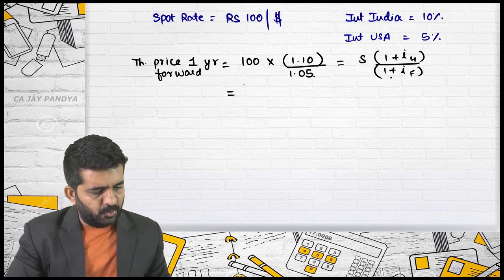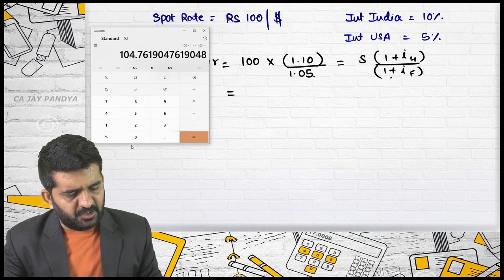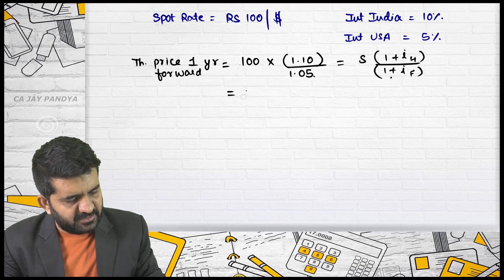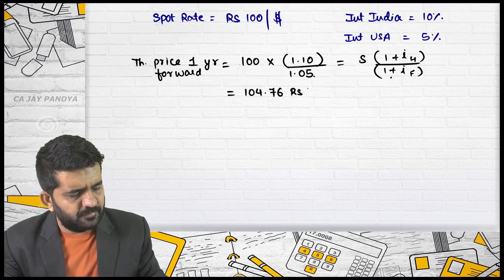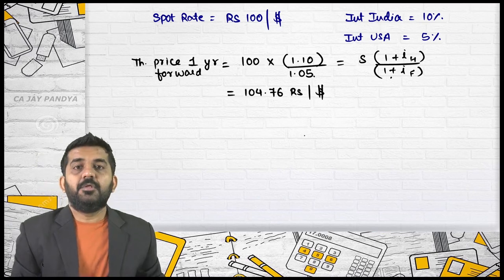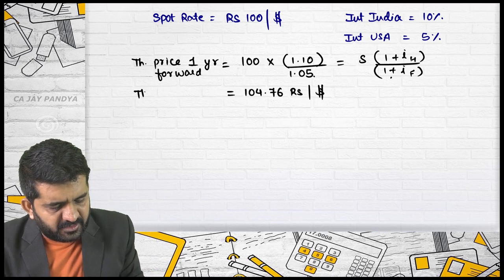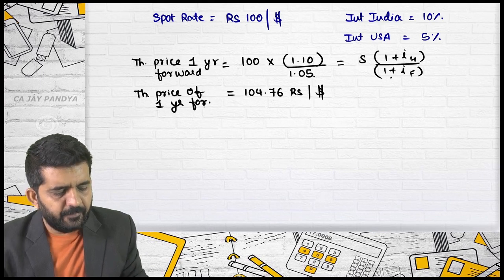This will be equal to 100 into 1.1 divided by 1.05. It is 104.76. This is the theoretical price of forward. This is the theoretical price of 1 year forward.